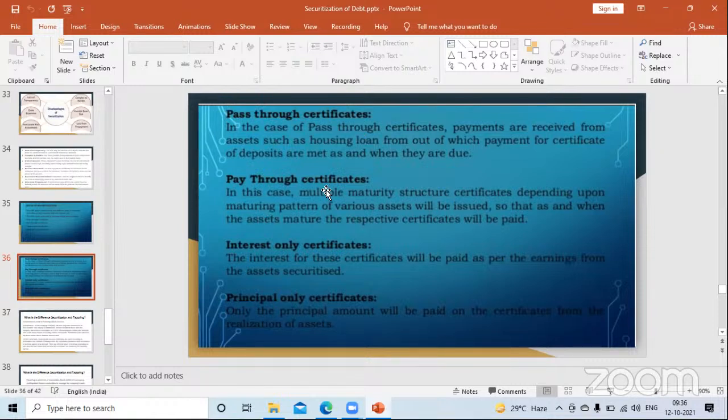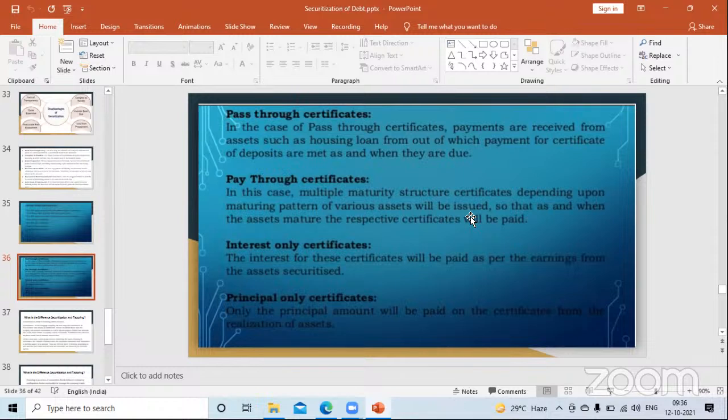Okay, next, pay-through certificates. Now, what do you mean by pay-through? This is pass-through certificate. This is pay-through certificate. In this case, multiple maturity structure certificates, depending upon the maturity pattern of various assets, will be issued. There are many assets which have different maturity patterns: 3 years, 4 years, some have 5 years, some have 10 years.